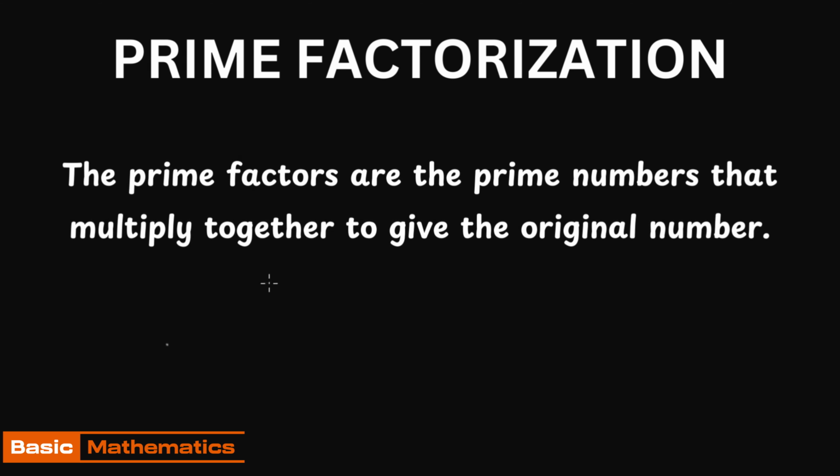The prime factors are the prime numbers that multiply together to give us the original number. If you want to know more about factors, you can click the link at the top right corner.